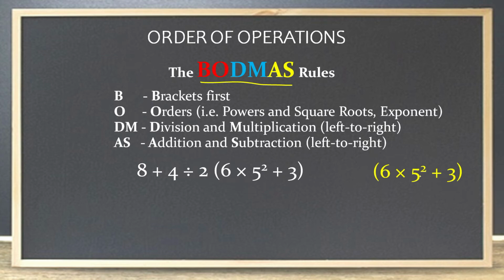Then we will have 6 multiplied by 25 plus 3. Now we are left with two operations, multiplication and addition. Of these two, we must perform multiplication before addition. So we multiply 6 and 25, which gives us 150 plus 3. So we have only one operation, so we add these two numbers, and we have 153.